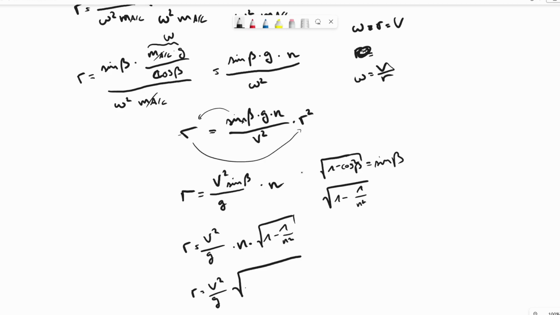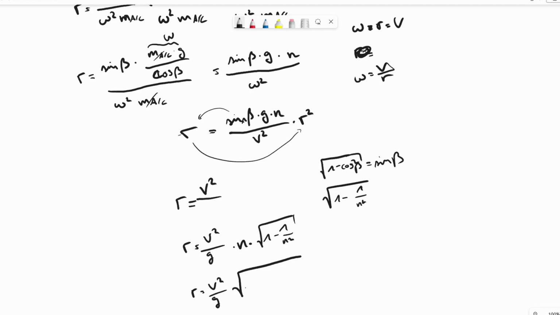hang on, I think I made a mistake. Hang on real quick. Yes, of course. Oops, sorry. Sine obviously has to go down and n has to go down. So let's do it slowly real quick. So r equals, now everything needs to turn around.